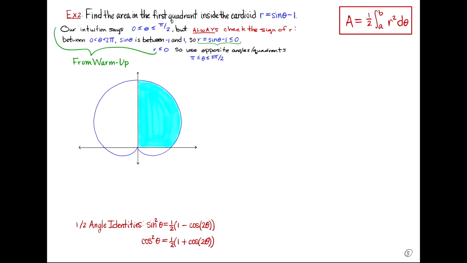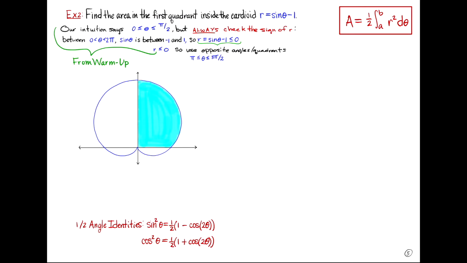Our intuition tells us that since we're in the first quadrant, theta should be between 0 and pi over 2, but you always have to check the sign of r. From our warm-up exercise, we know that r is always going to be less than or equal to 0 for this curve, sine theta minus 1. And so if we want the area in the first quadrant, we have to use opposite angles for our bounds.